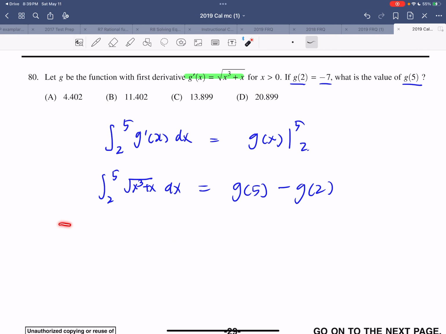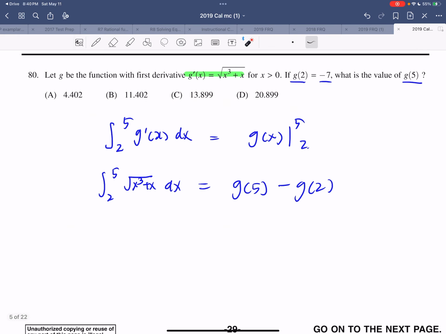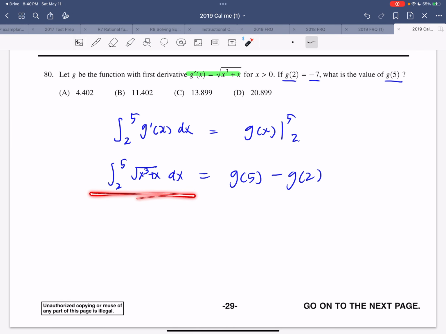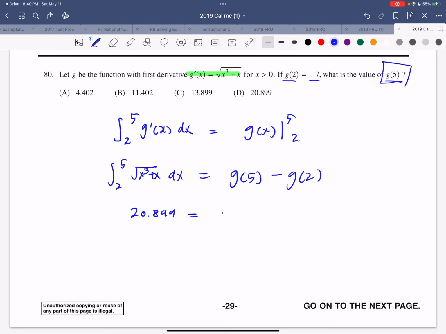You're going to have at least 3 questions that look like this on your test. Now, when you put this into the calculator, you're going to get 20.899 equals, we don't know what g of 5 is because that's what we're trying to find. So I'm going to put g of 5 minus, we already know what g of 2 is, which is negative 7. It's given to us. So negative times negative is a positive.